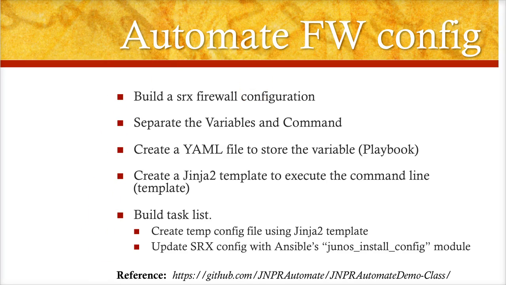This will be kind of straightforward. The steps are: we build a firewall configuration, and we look at this configuration and separate the variables and the commands into basically two files.